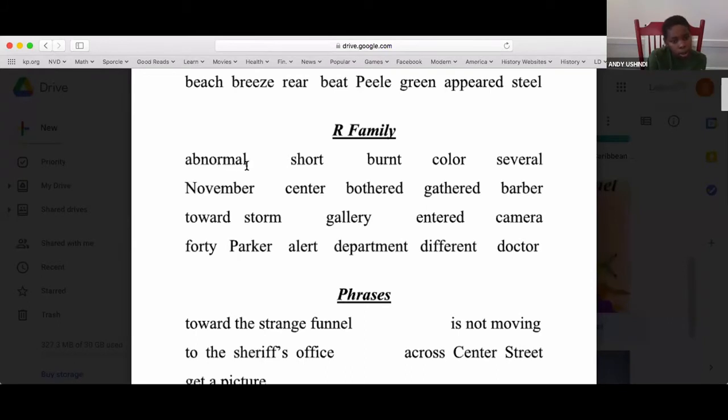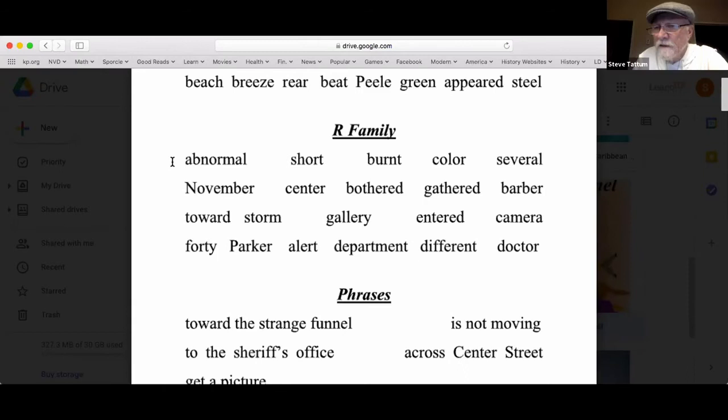Abnormal. Okay. Now you called that ah. A says what? Ah. So what would that be? Abnormal. Do you know what that word means? Yes. What's it mean? It means something to not be normal. Yeah, something's not normal. What's the next word?